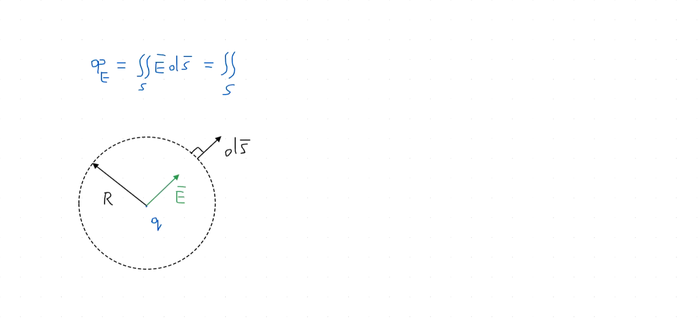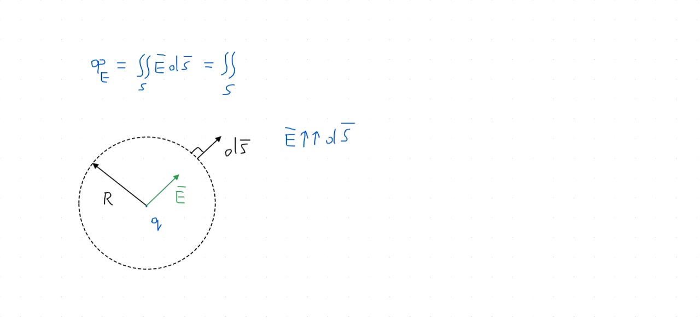And this means that vector E and vector ds, the vector of electric field intensity and the vector of element of surface area, have the same direction.